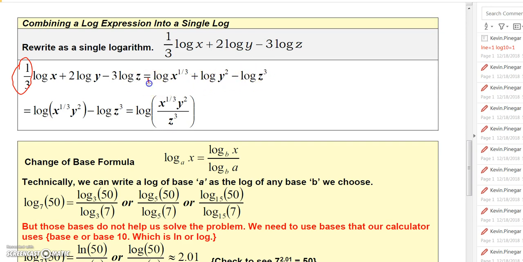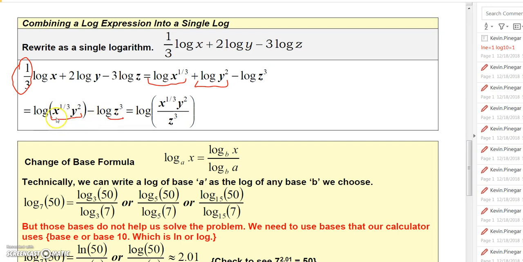Well then, notice here I have the log of m plus the log of n, and remember if you have the log of m plus the log of n, you can write that as a single log of m times n, and then I'm going to bring down the other term, minus log of z cubed. Well now I can treat this as log of m minus log of n.